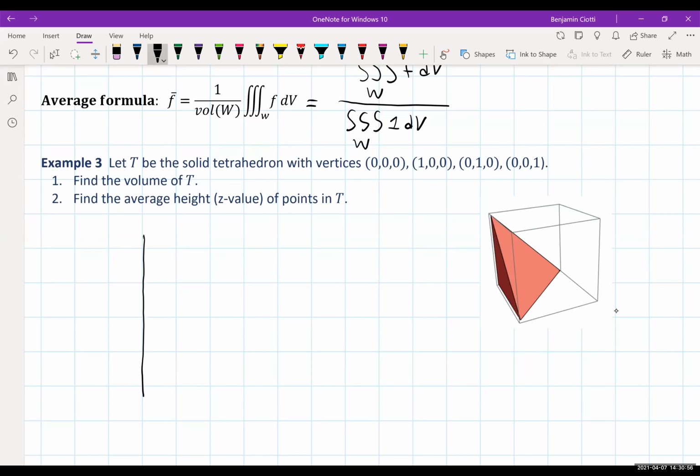Draw your axes. So let's say there's the x, the y, the z axis. And let's plot where there's (1,0,0), (0,1,0), and (0,0,1).